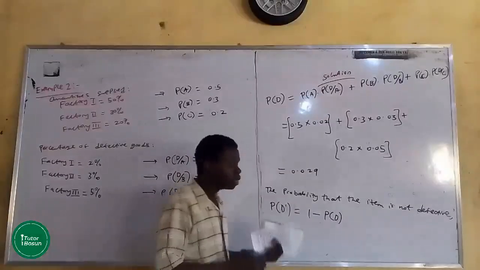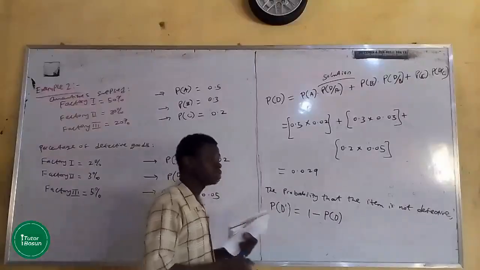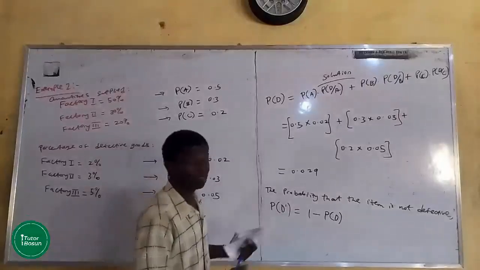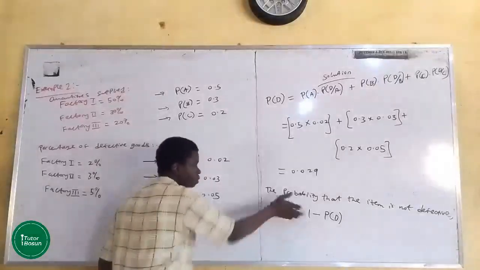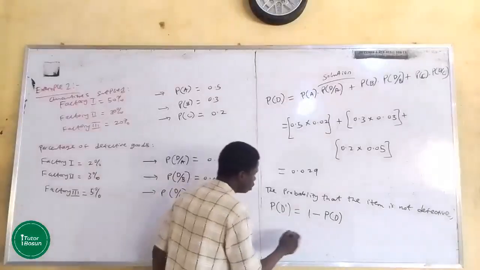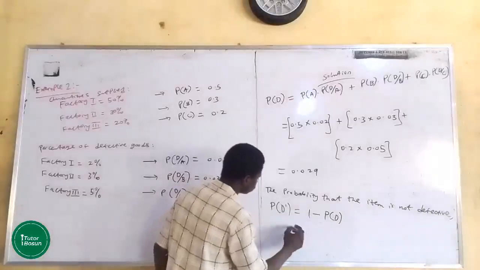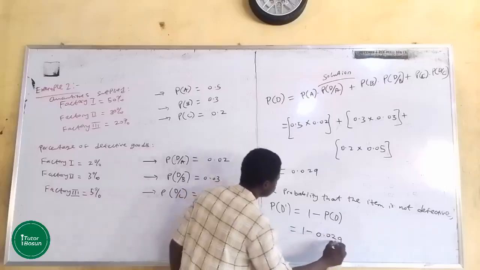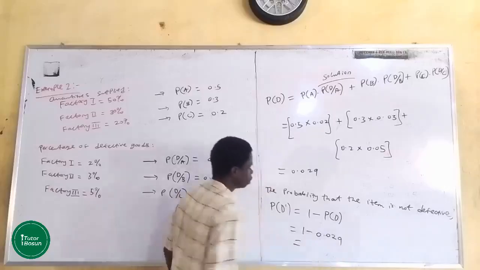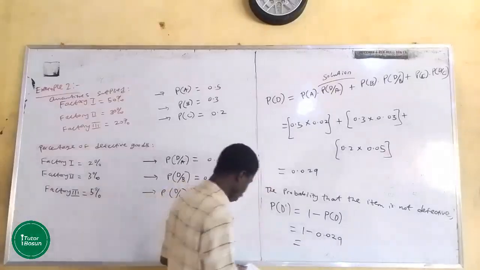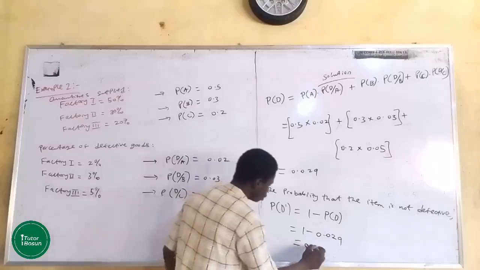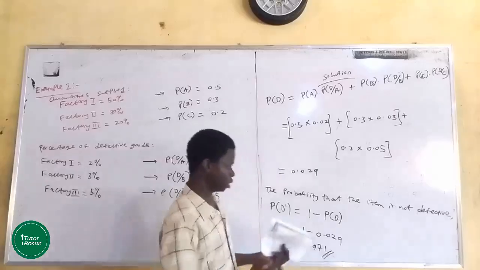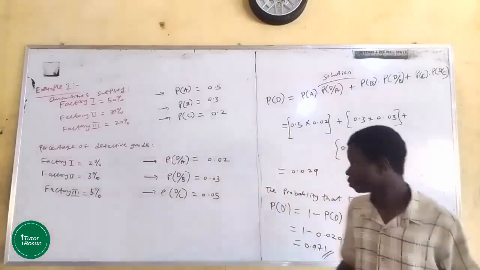According to one of our theorems, which you should be able to remember, it equals 1 minus 0.029. If you do that very well, you should have 0.971 as the final answer.